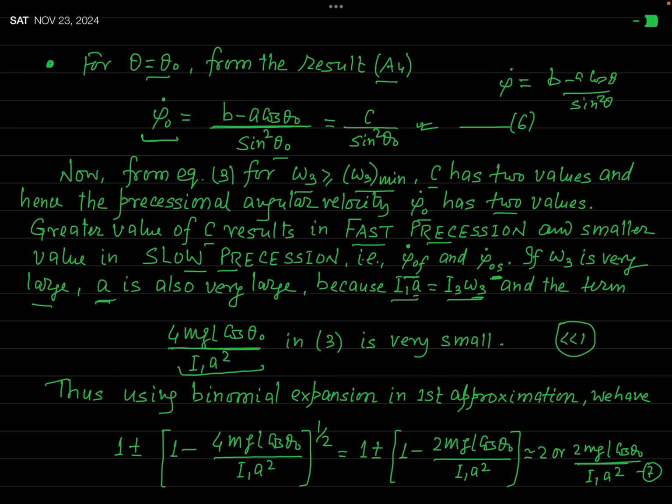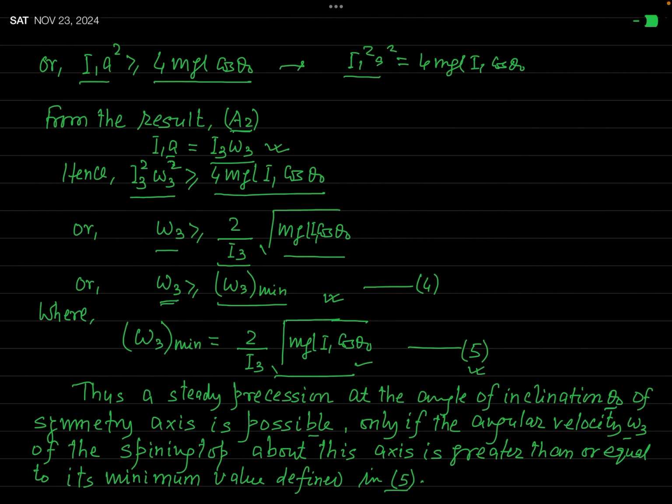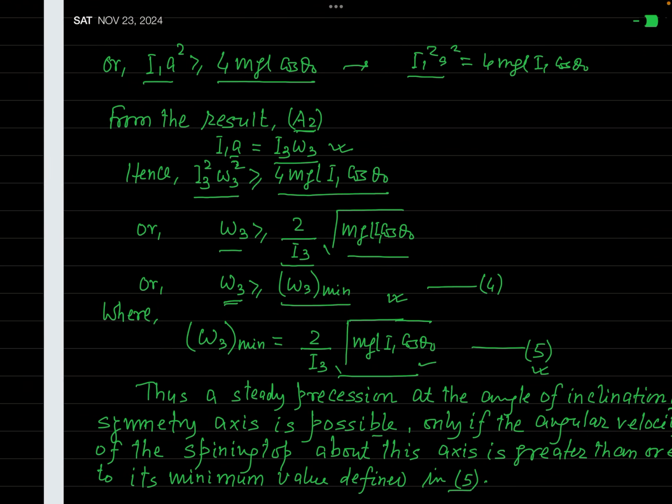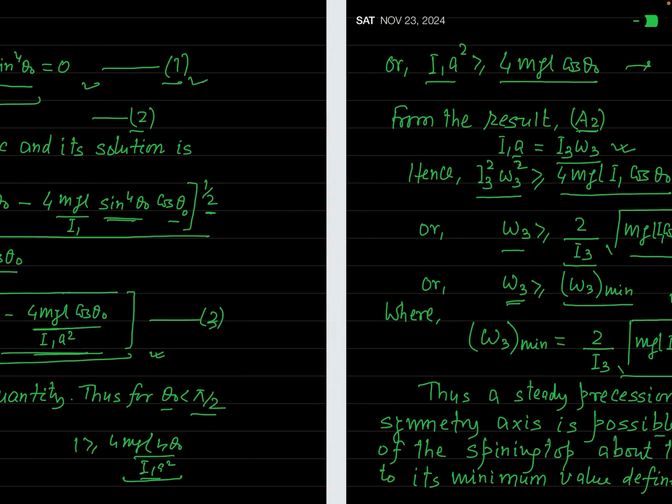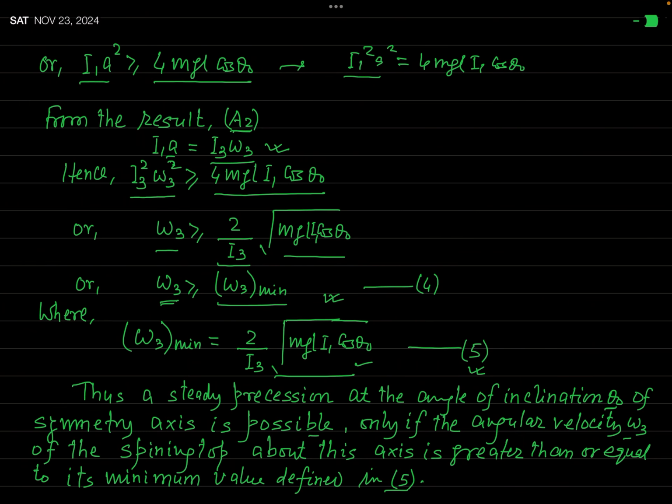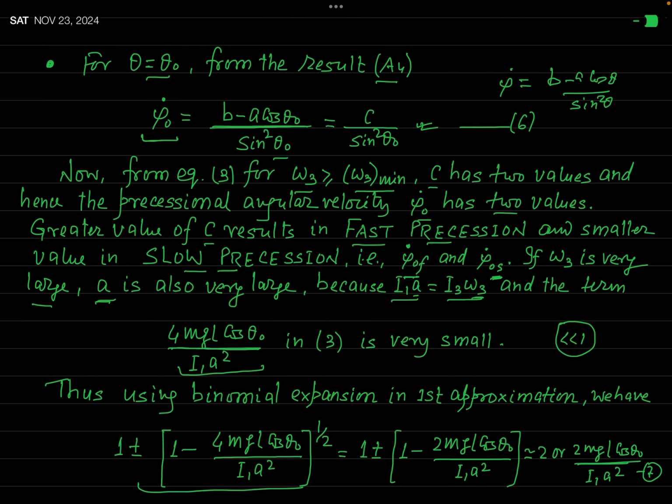So in this condition you can make the binomial expansion of this term, which comes in the expression for C. See here, in the value of C, apart from this multiplicative factor, the main factor is this. So we will simplify this expression under the condition that A is very large, when omega 3 is very large.